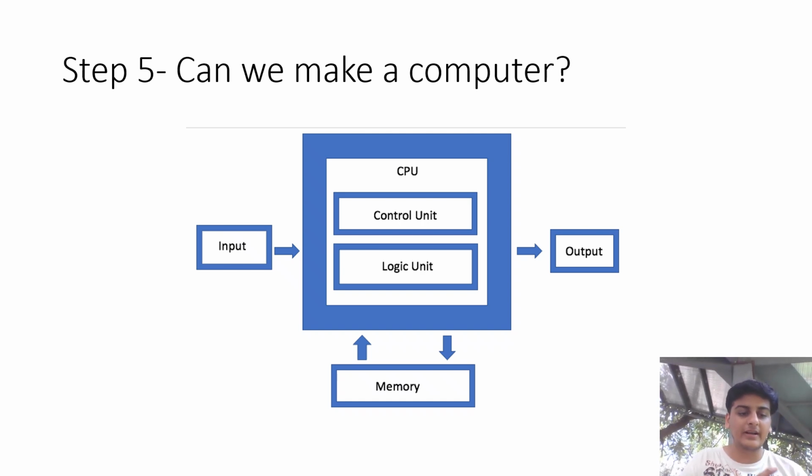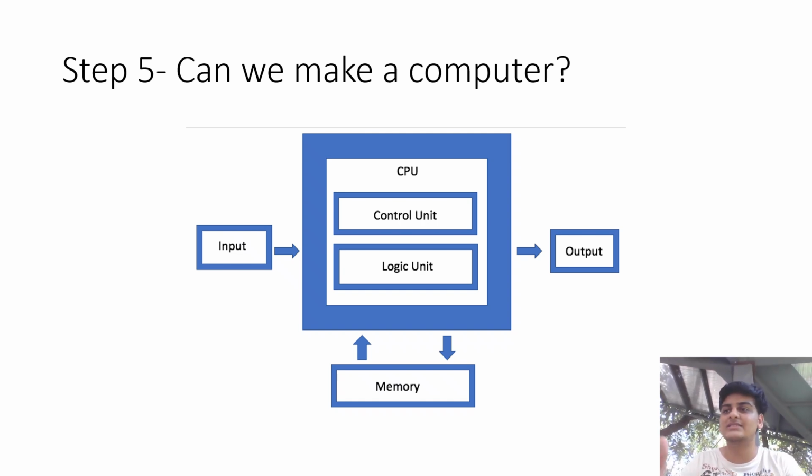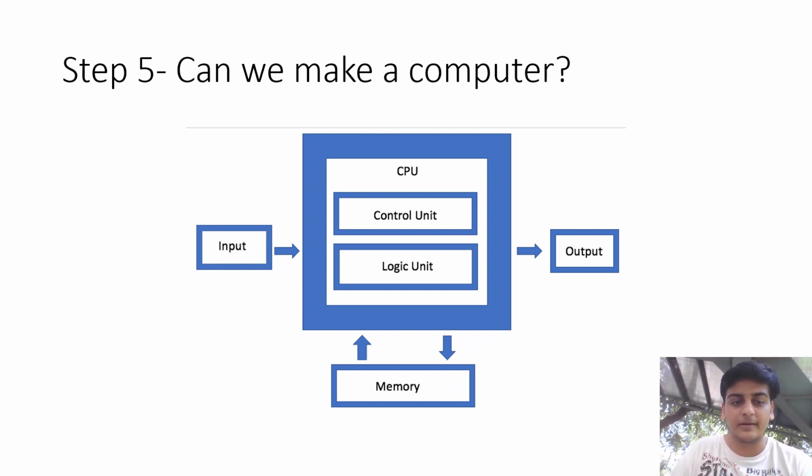You have different circuits for different types of computation, so you might have a circuit for addition, a circuit for multiplication, and so on. You might also have a circuit to select between multiple different options, for example. So that is all you have in your logic unit.